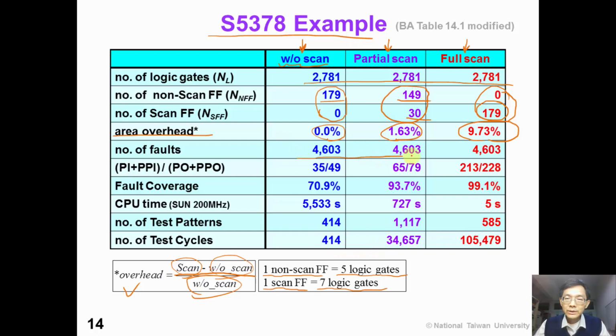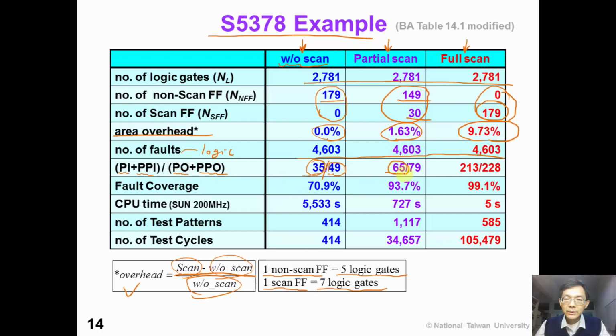And the number of faults are the same because we consider only the faults in the logic. This row shows the number of controllable inputs, including primary inputs and pseudo primary inputs. On the right hand side, it's the observable outputs, which is primary output plus pseudo primary output.